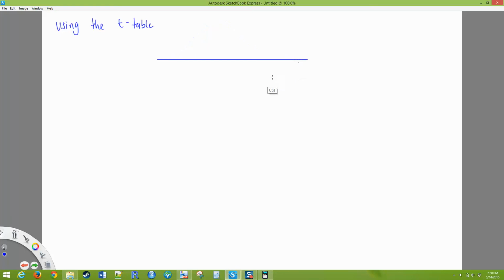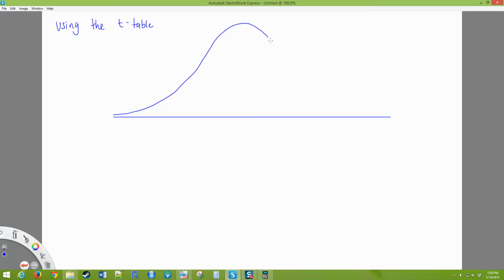I'm going to draw a big curve here. And the t-distribution table that you have starts off with 0, and with the normal table, you looked at the z-score and it gave you the area to the left. With the t-table, it gives you the area to the right, or the upper tail probability.